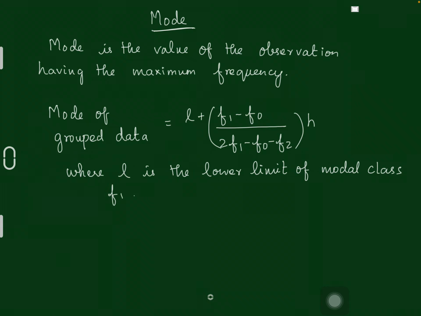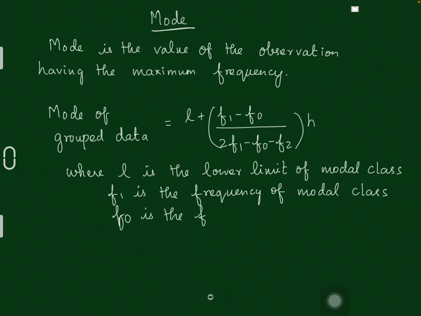F1 is the frequency of the modal class, and F0 is the frequency preceding the modal class.